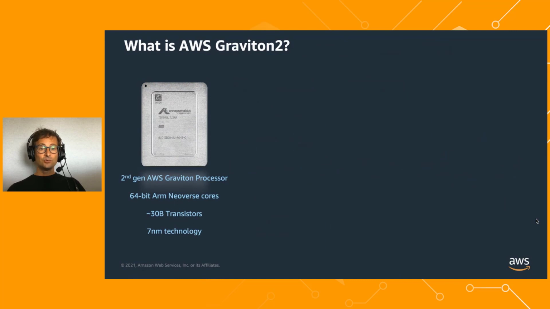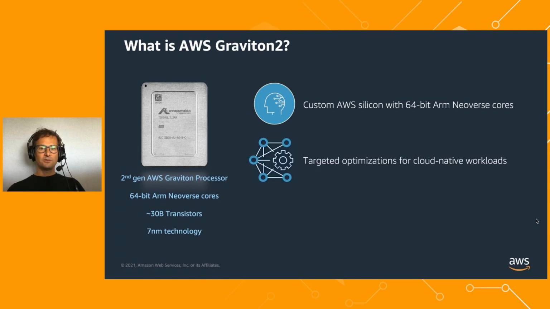The Graviton2 processor is the 2nd generation of our in-house designed processor. It's the 2nd generation after we released the Graviton processor that was powering the A1 instances, and that 2nd generation is way more powerful than the first one.